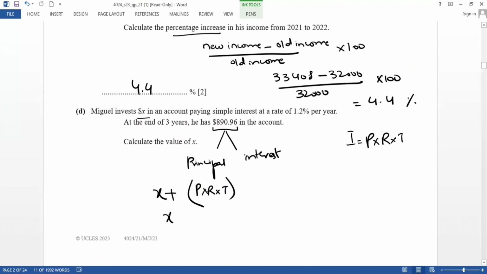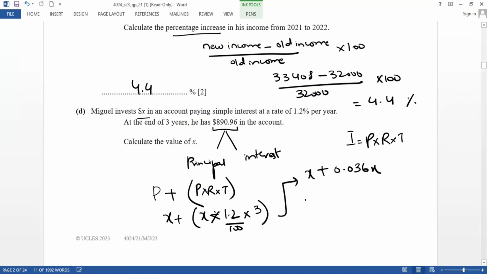So this is the principal amount. Principal is X plus principal X multiplied by R, that is 1.2%, multiplied by time, that is 3 years. So our answer will be X plus 0.036X.